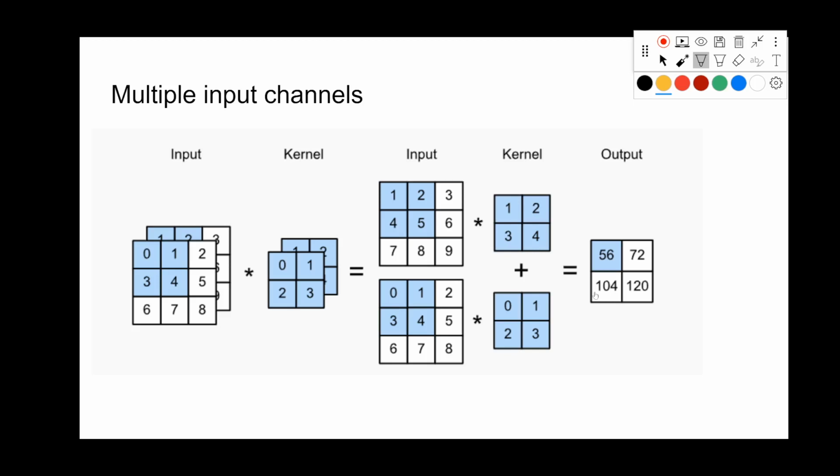Typically we have multiple channels in each layer of the network. For example, a color image has 3 channels: a red channel, a green channel, and a blue channel. In the middle of the neural network, we may have hundreds of channels in each layer.